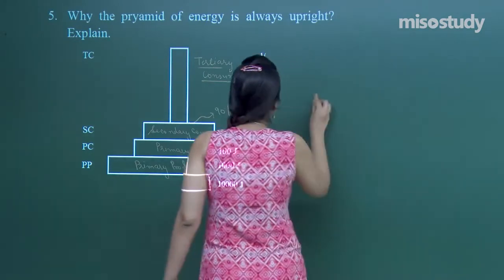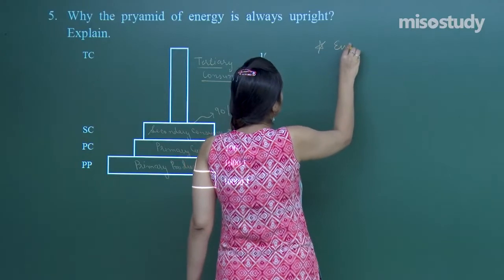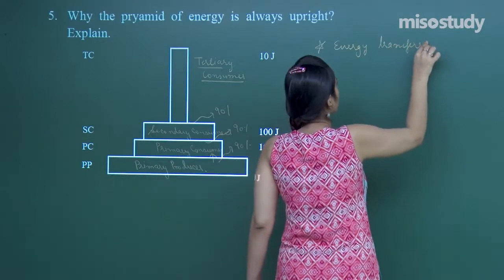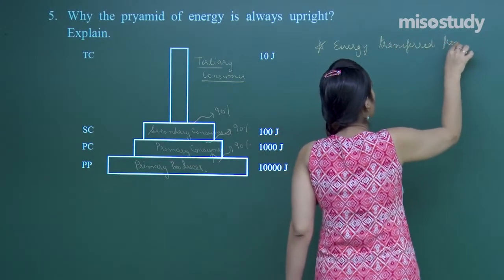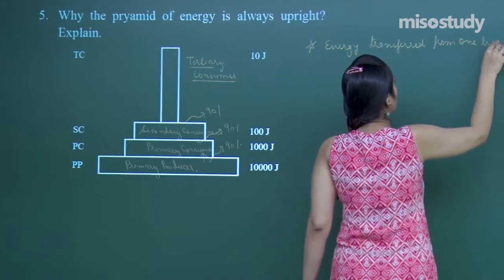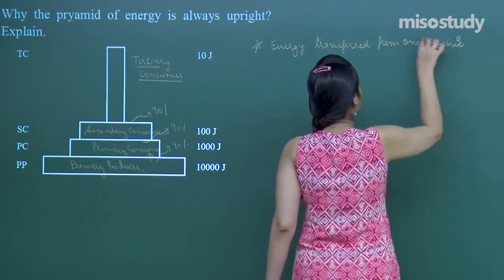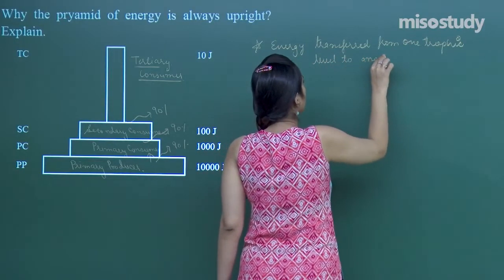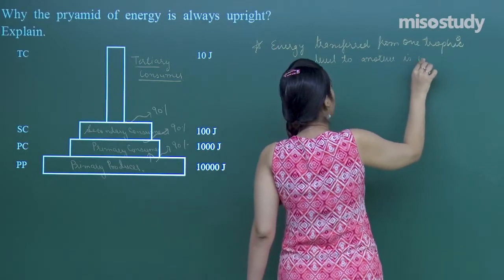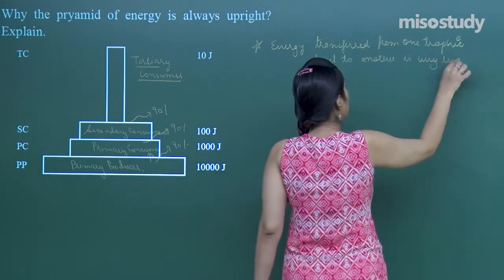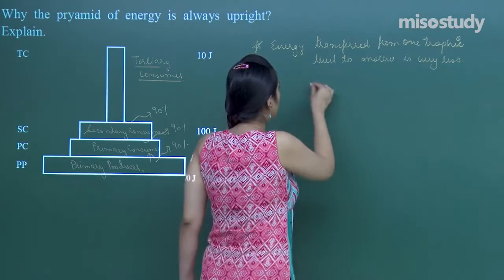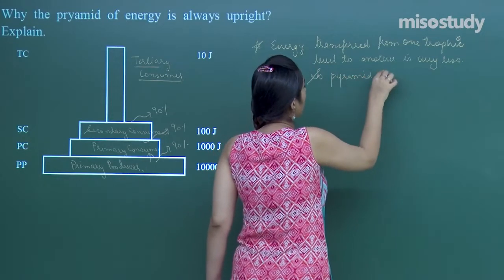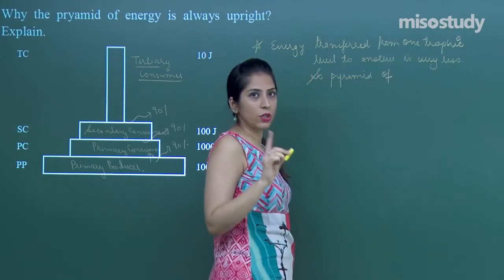So, if you have to write for such a question: energy transferred from one trophic level to another is very less, so the pyramid is upright. Only the pyramid of energy is always upright. This you have to remember.